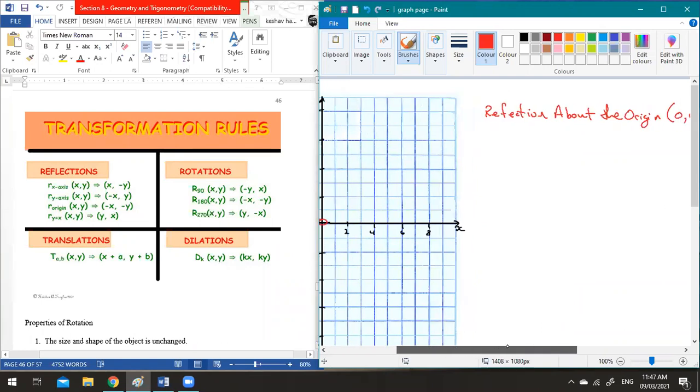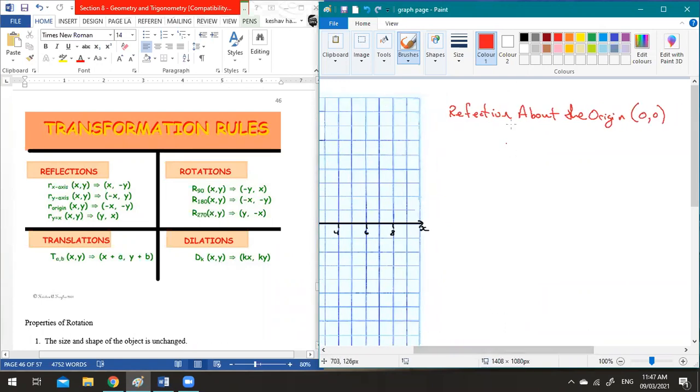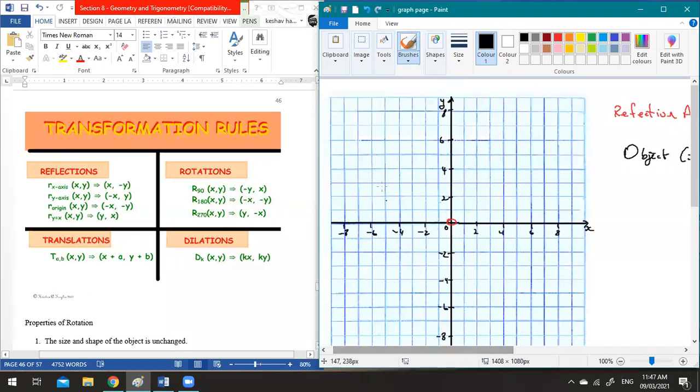So it's a reflection about the center of the graph. And the rule is, if the object has the points X and Y, the image would have negative X, negative Y. So we're reflecting about this point here. I draw any shape.